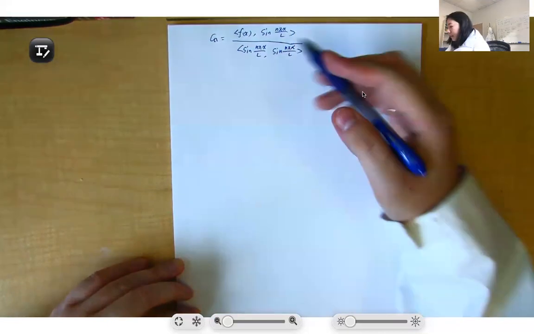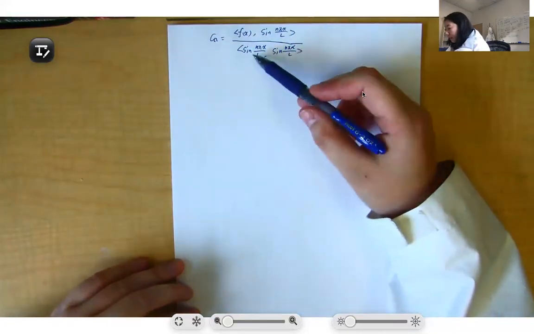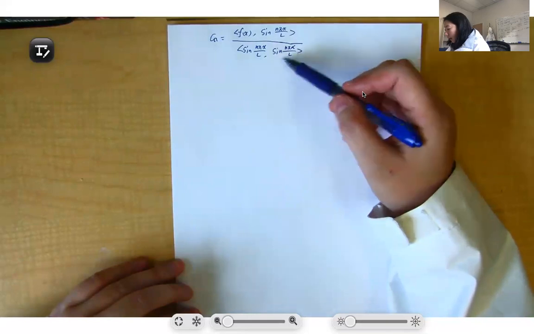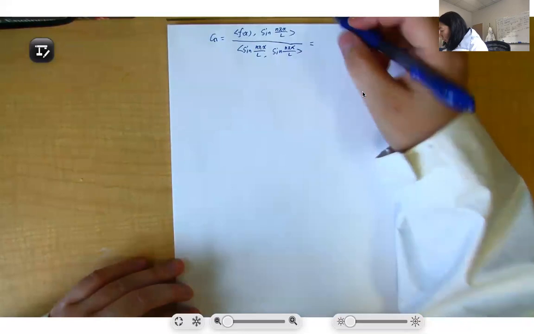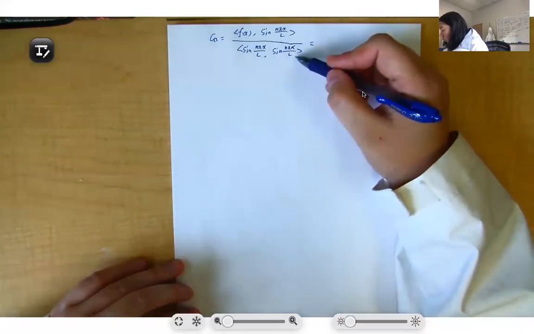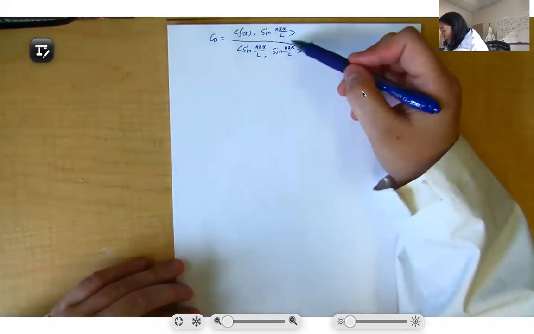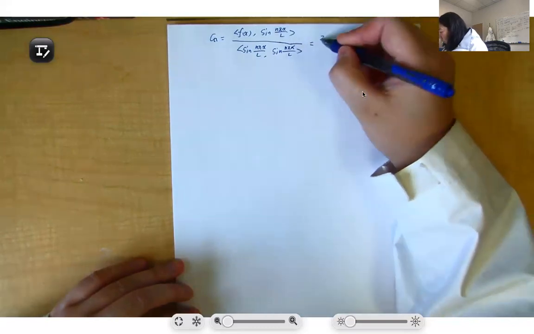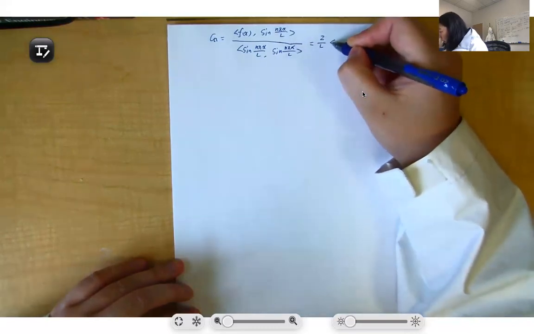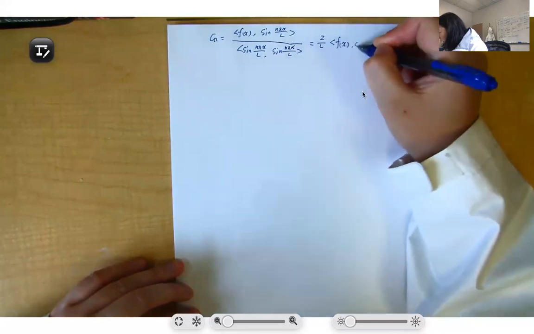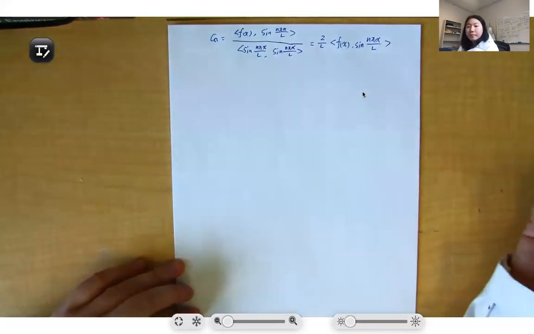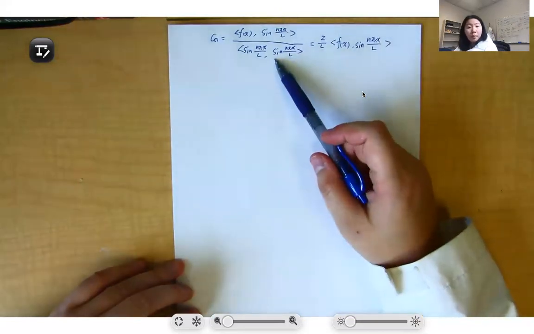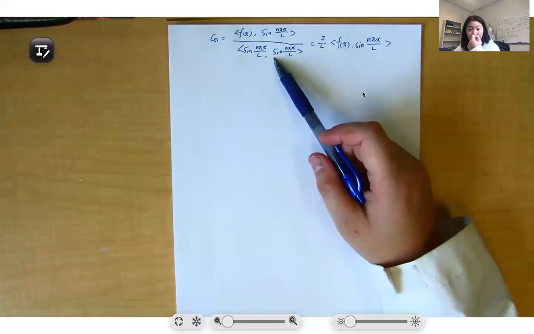And we already proved for this orthogonal basis set that the inner product of sin(nπx/L) with itself is equal to L over 2. Then when divided by L over 2, that will be equal to 2 over L times the inner product of f(x) and sin(nπx/L). Okay. Try to prove it if you don't remember how you get the inner product of sin(nπx/L).